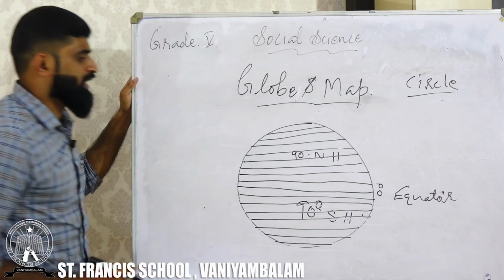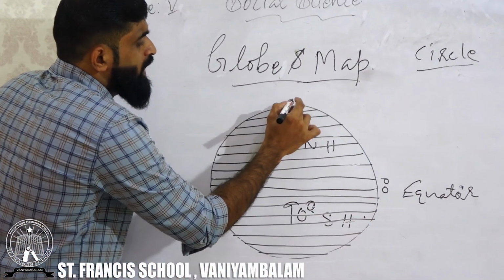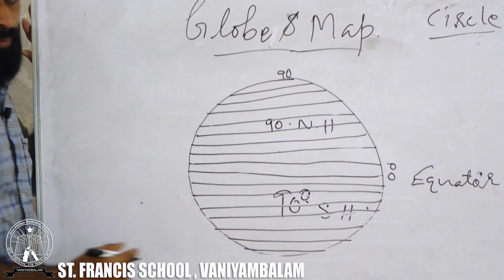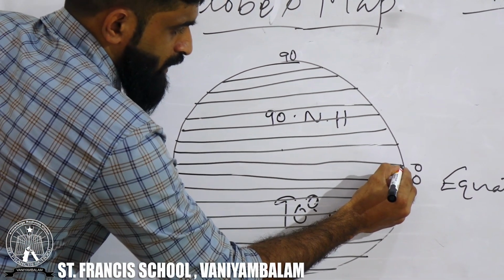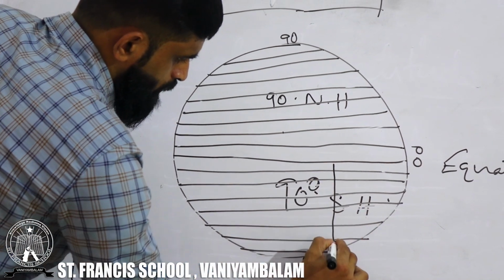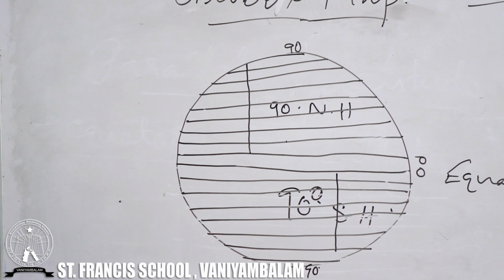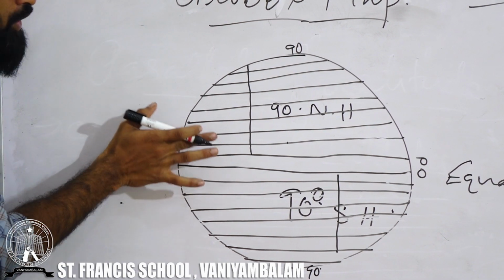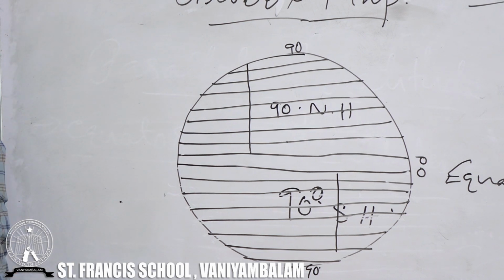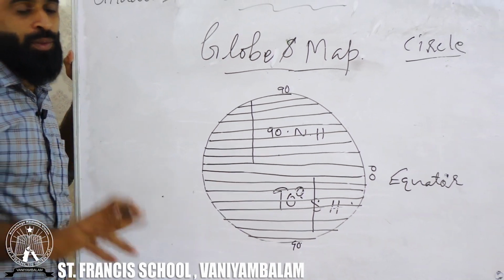Like this, 0 to 90 degrees, 90 latitudes are here in the northern hemisphere. 0 to 90 degrees south, here also we have 90 degree latitudes. So all these latitudes have the same shape. That is parallelism, parallels of latitude. Same shape.